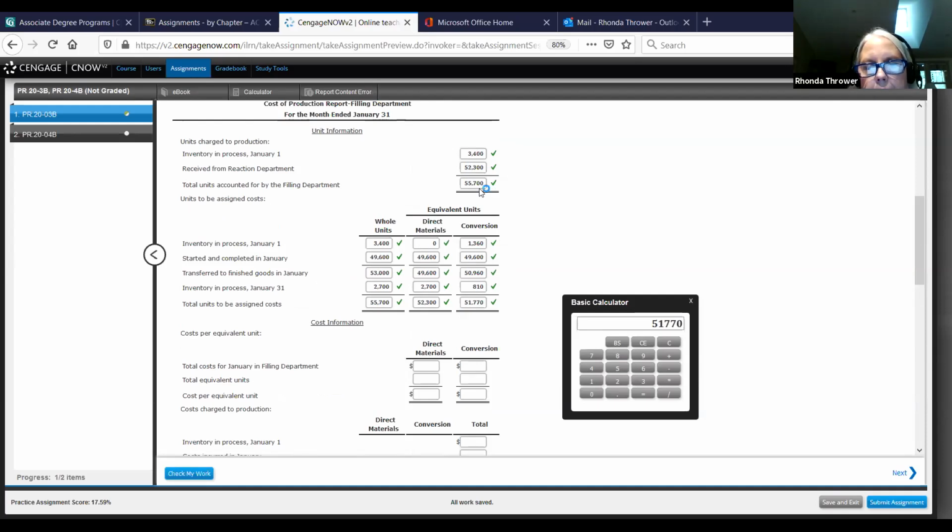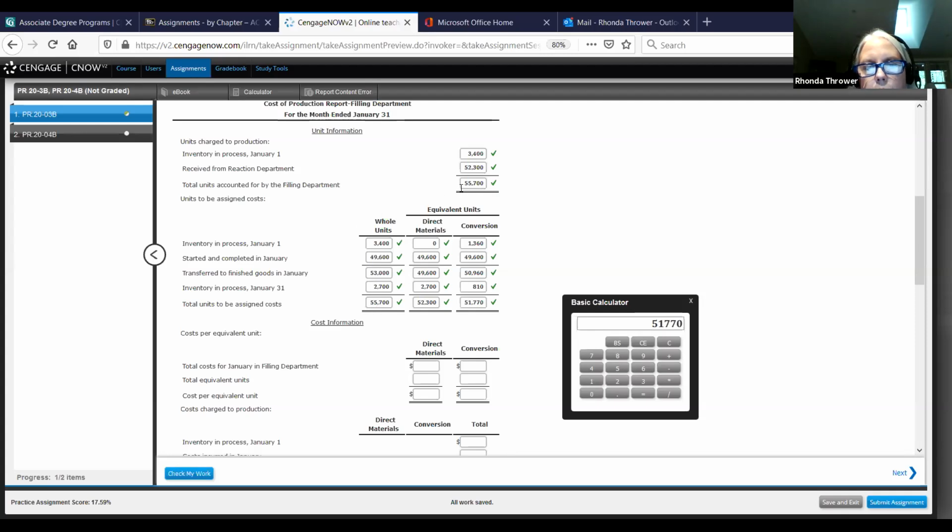That was your beginning inventory units plus what you received from the reaction department. This information was given. Notice there's a double rule underneath this. What that's going to tell you is that this needs to be reconciled with this. And so 55,700 should be the amount that you come up with for your total units to be assigned cost.